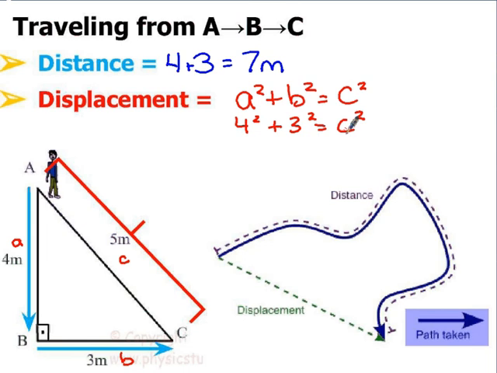So if I do the math on this, then I will see 4 squared is 16, 3 squared is 9, and when you add those two together, you end up with a total of 25.